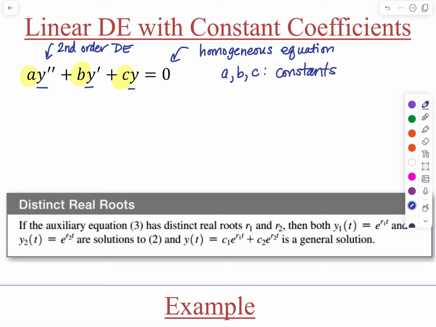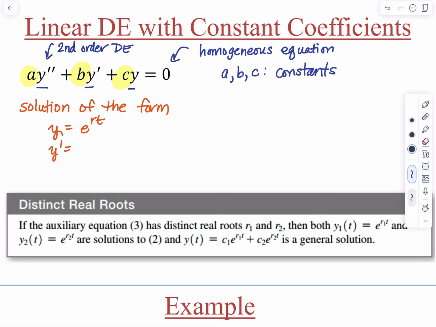So this suggests finding a solution of the form y equals e to the rt. And we like this solution since the derivatives of this function are just constants times e to the rt.